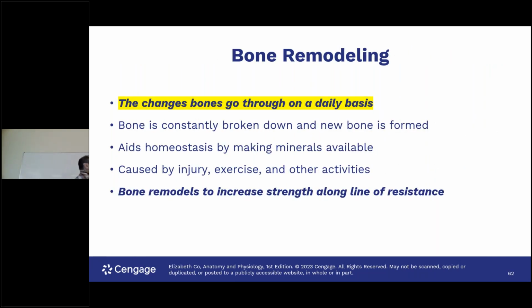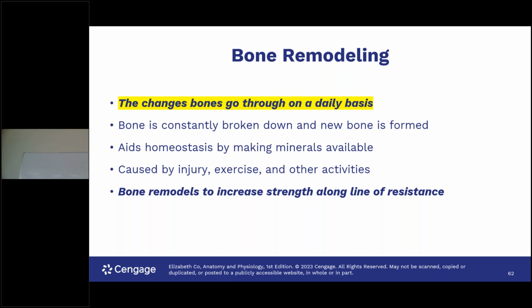So again, bone remodeling, the changes bone goes through on a daily basis. Now think about this for a moment. What would be a condition that would cause a decrease in bone density? I told you that stress to bone increases bone density and bone strength. What process would actually cause a decrease in bone density?